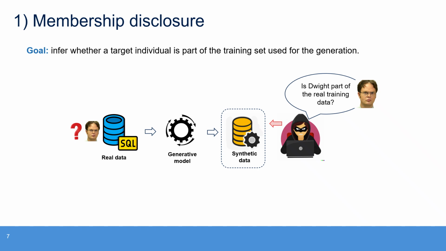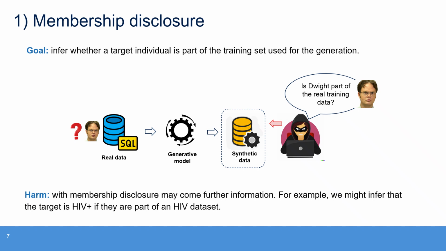Even knowing that can be sensitive. For instance, if the training data were from a cancer registry or from an HIV risk study. So membership disclosure is not just a theoretical concern, but has real privacy implications.